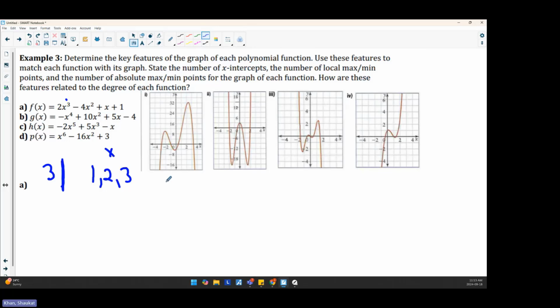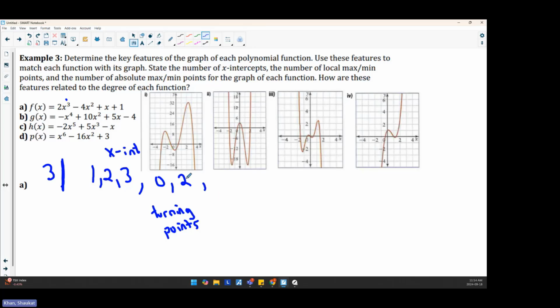The number of turning points can be 0 or 2, because remember, if it's an odd value, you do n minus 1, which is 2. So the maximum is 2 turning points, but you can also have 0 turning points.